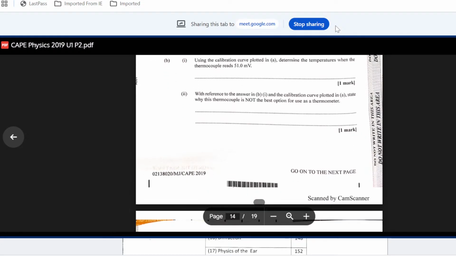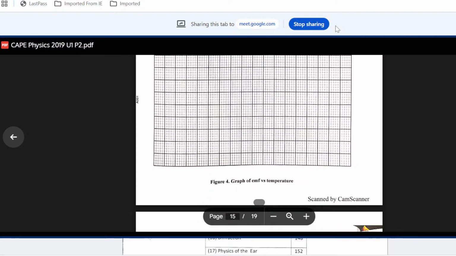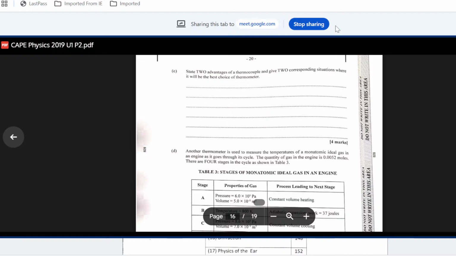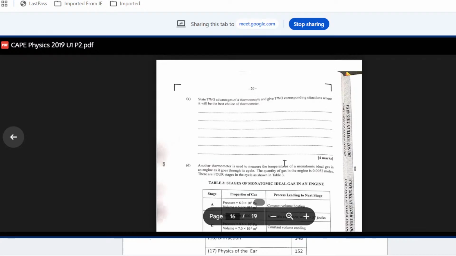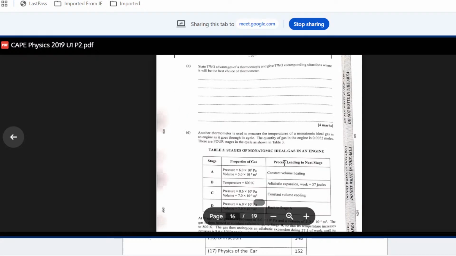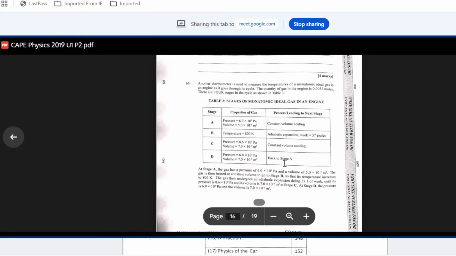That's a graph though. Let's move down to this part. So particular part D, starting with D. We never got to go through a question like this.